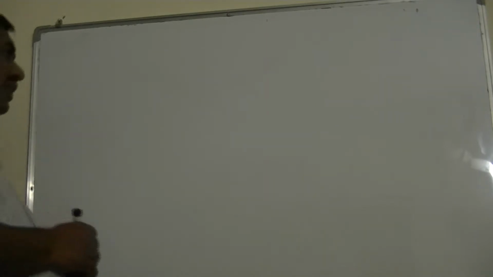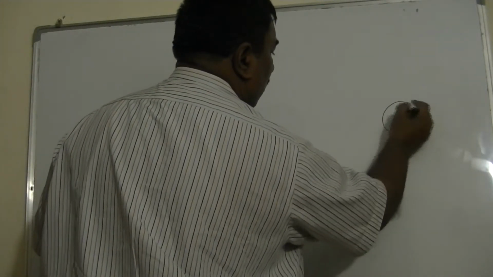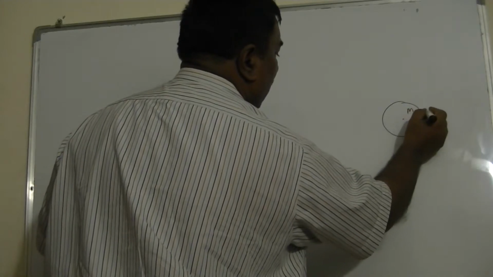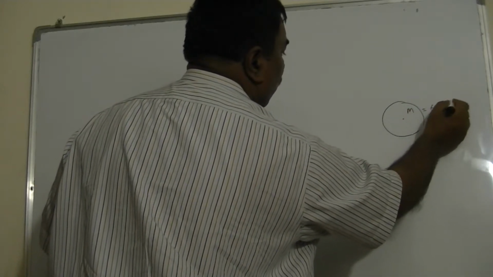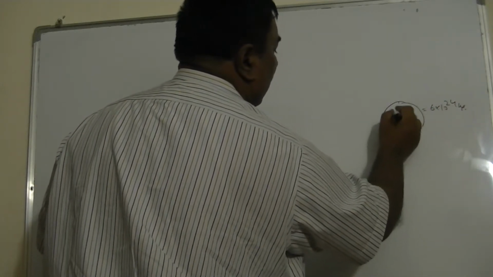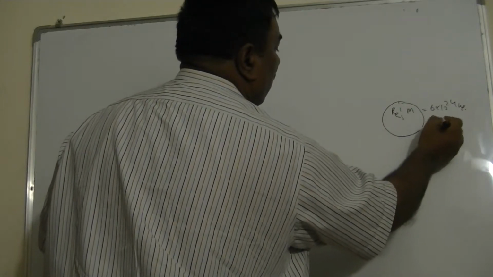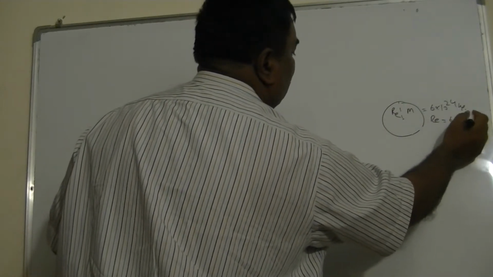Now sometimes we have the graph of the gravitational potential against the distance from the center of the Earth. Suppose this is the Earth, its mass is capital M, its value is 6 into 10 power 24 kg, and suppose the radius of the Earth is 6.4 into 10 power 6 meters.